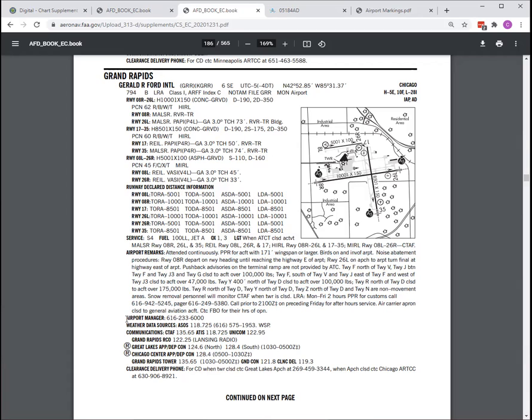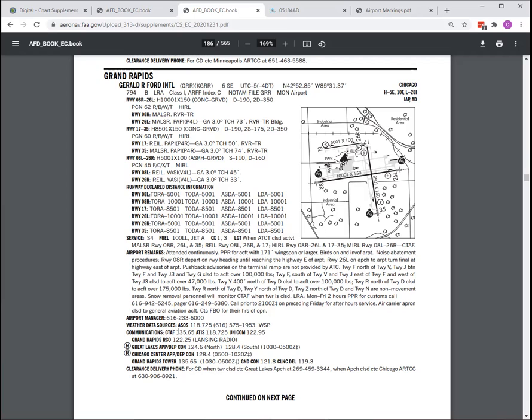Then it gives us information about the airport manager, so if we had any questions, we could call that number. It gives us frequencies to use for weather, so it gives us the ASOS frequency, as well as a phone number to call. If you call this number, you will get the same thing as if you tuned into this frequency. We also have information about the CTAF, the ATIS and the Unicom.